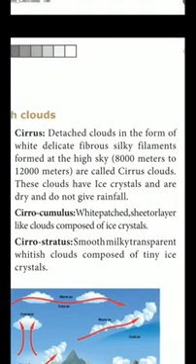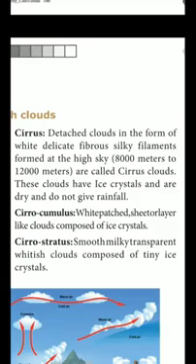It is the detached clouds in the form of white, delicate, fibrous, silky filament formed at the high sky are called cirrus cloud. So please listen. There is one question also. Write about high clouds. Okay, what are the high clouds? Under high clouds, there are three types: cirrus, cirrocumulus, cirrostratus.